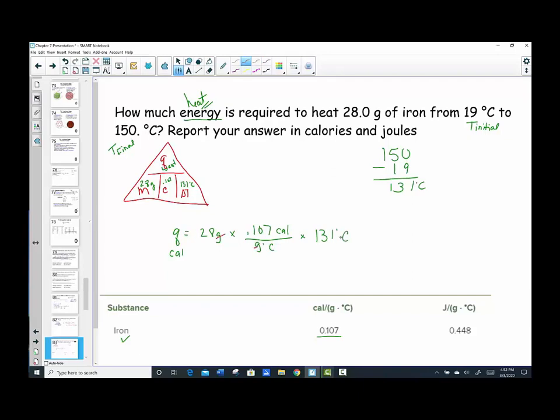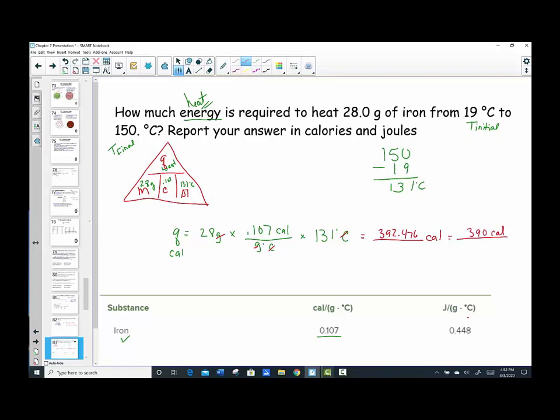Grams canceled, Celsius canceled, and we arrived at calories. 28 times 0.107 times 131. My screen reads 392.476. And let's just make sure we give that, looks like 2 sig figs. Shall we write 390 calories?